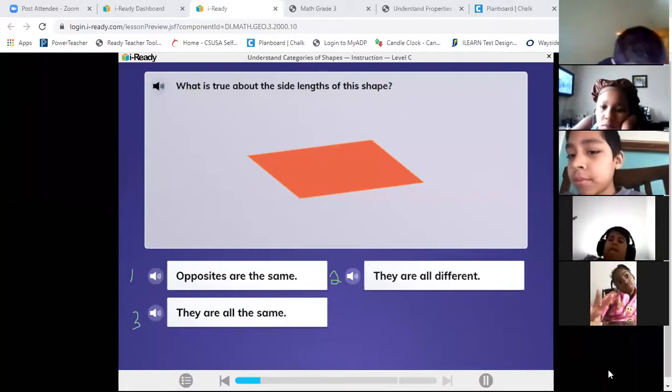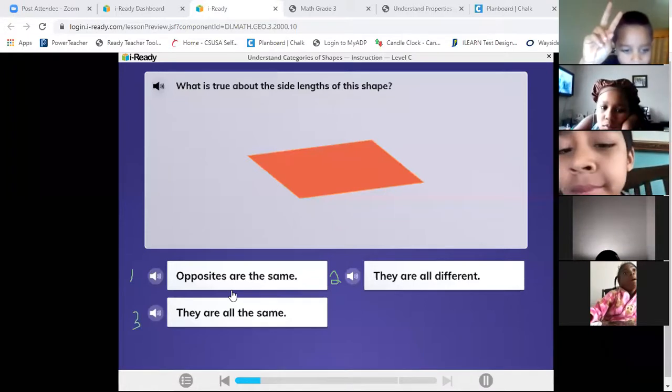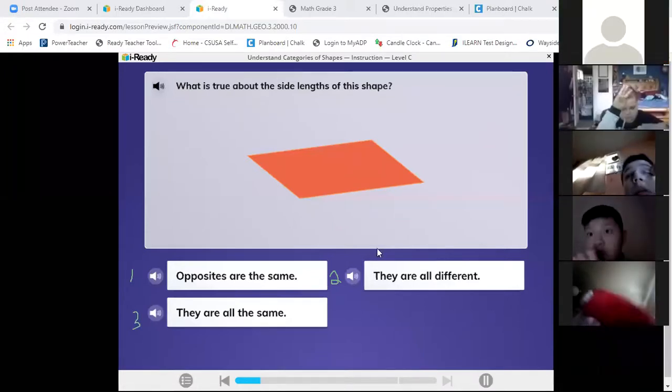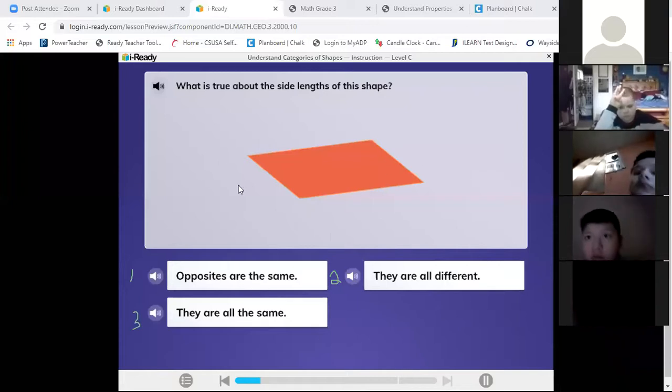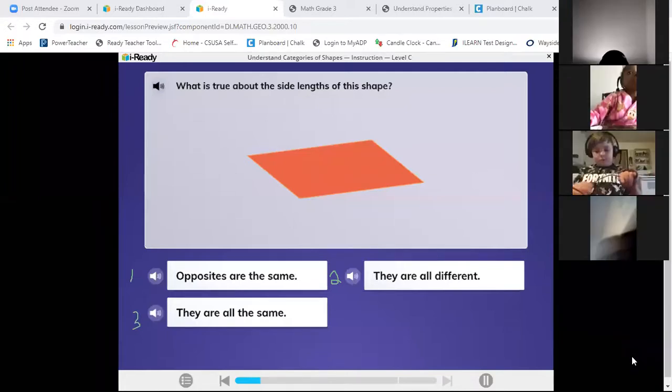So we only got 1 person for number 2. That's Denila. Okay, now who thinks they're all the same? All the side lengths. Put up 3 if you think they're all the same. They're all the same length. Looks like we only have 1 for that one. Okay, well, we're missing 4 people who didn't vote.